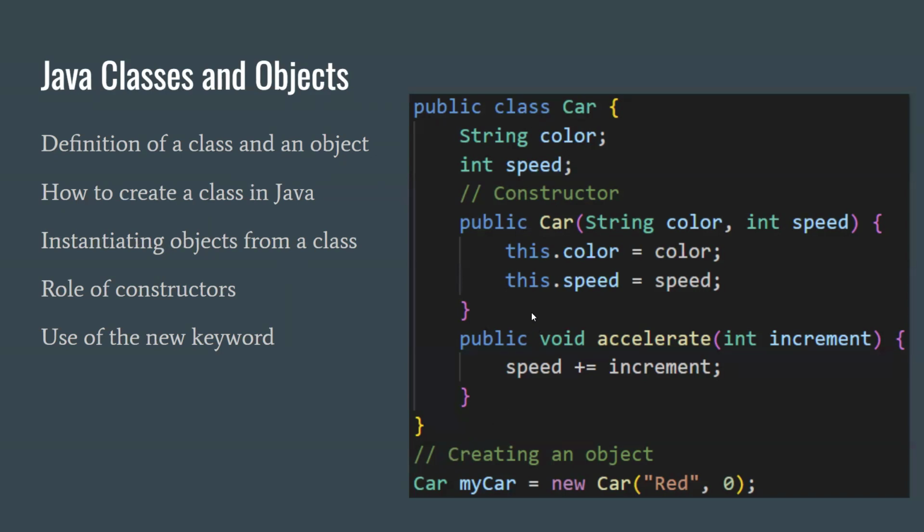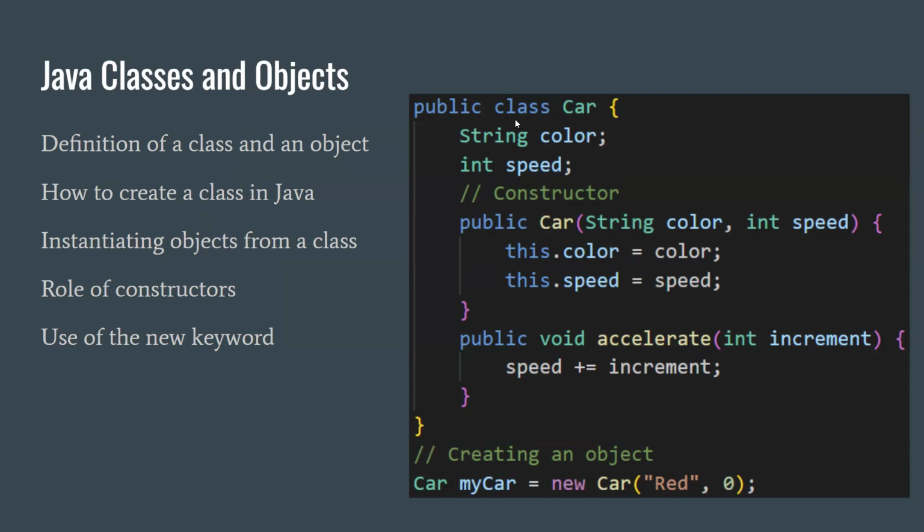Each car object created from the class can have different states like color or speed, but shares common behaviors like accelerate, or you could even add brake.